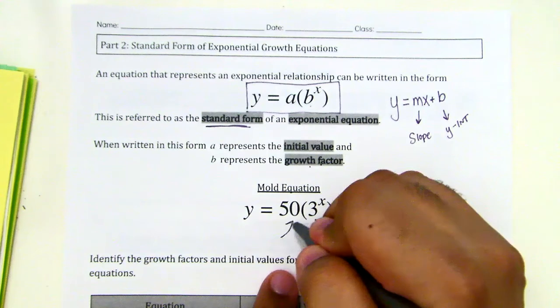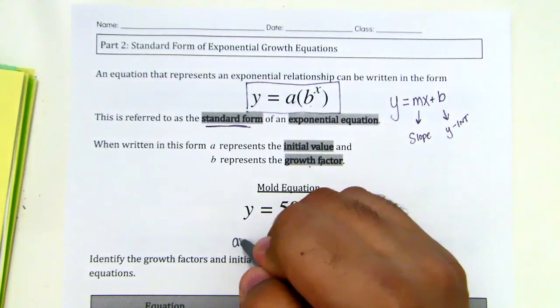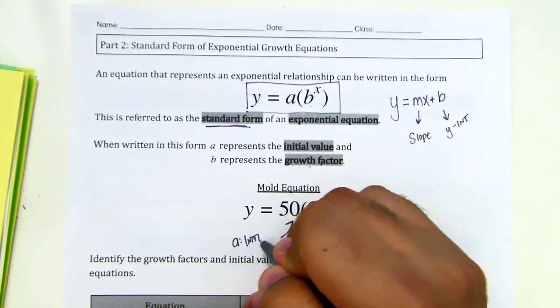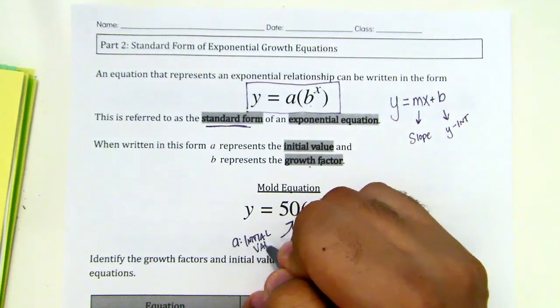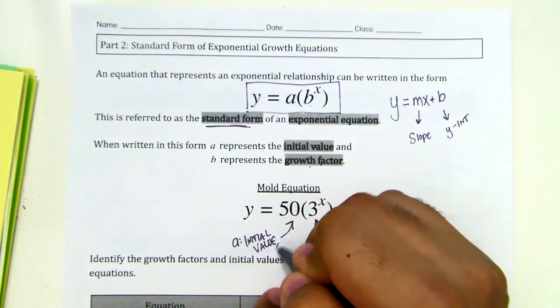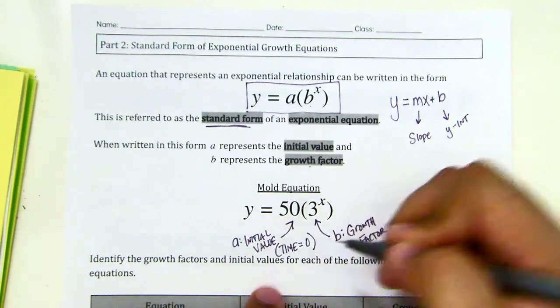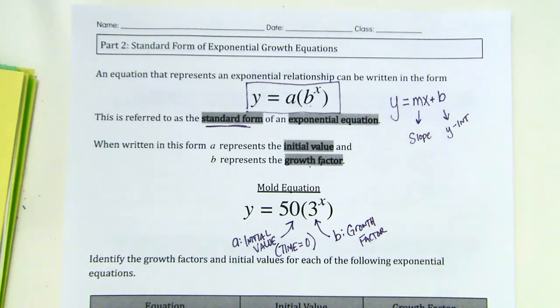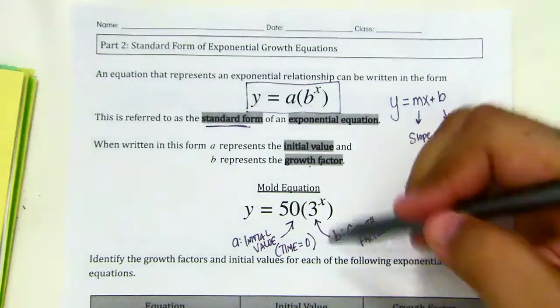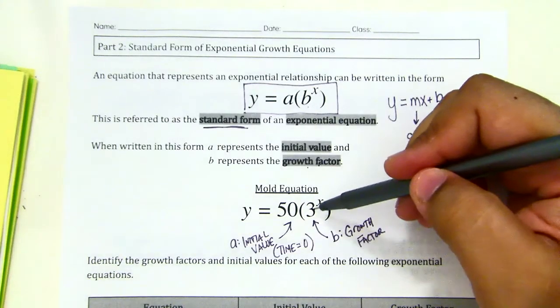I know similarly that this here would end up being my a, which is my initial value. All right, again, when we talk about initial value, we're talking about time equals 0. So before anything happened, we started with 50, and the growth factor tells me that we're tripling.